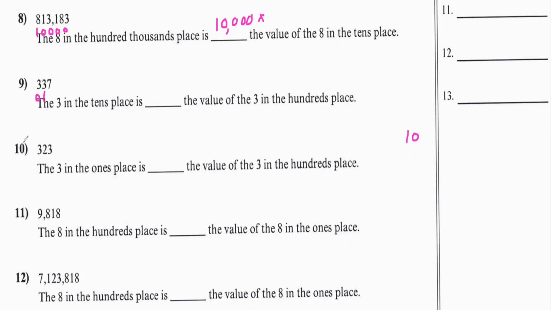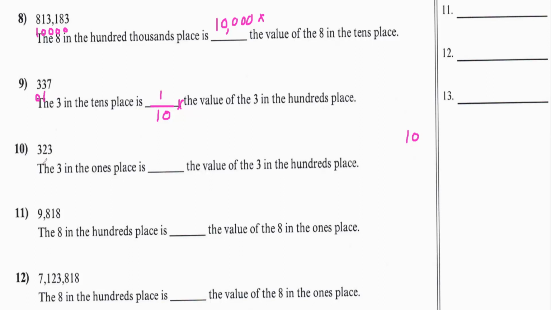So this is 1 over 10. I'm making it easier. When I put 0 on the left side, you have to divide by that number. When I put 0 on the right side, you have to multiply. So 1 over 10. Answer is the same. Number 9. The 3 in the tens place is 1/10 the value of the 3 in the hundreds place.